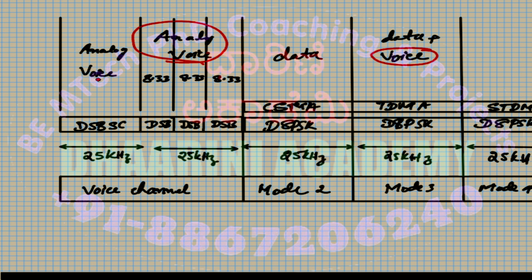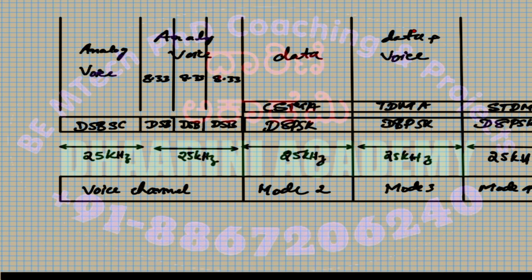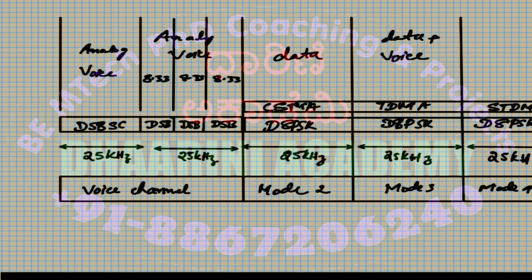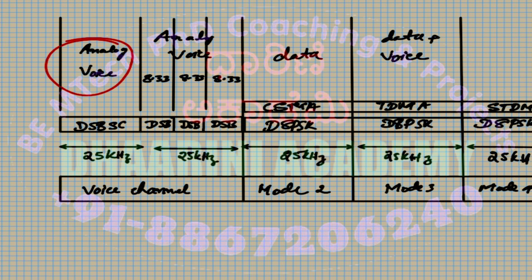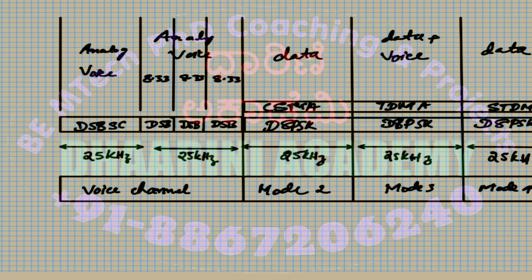If you want only voice, then you use this, because you get more bandwidth over there for the message. So if it is data plus voice, you use data normally and use one of these three channels for communicating. At the same time, if you are using mode 3 and you are sending only voice, you can go for this. Then this is again the data.